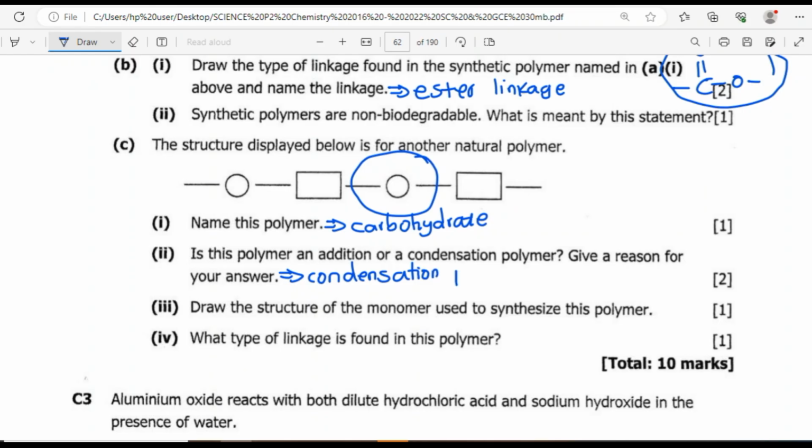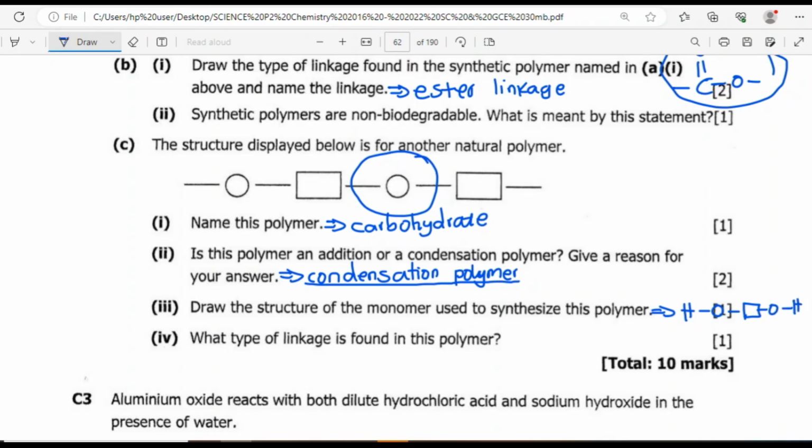Reason: because during its formation water is formed. Then draw the structure of the monomer used to synthesize this polymer. So we know that we are looking at glucose. So the glucose has this structure like the hexagon where you have the box.